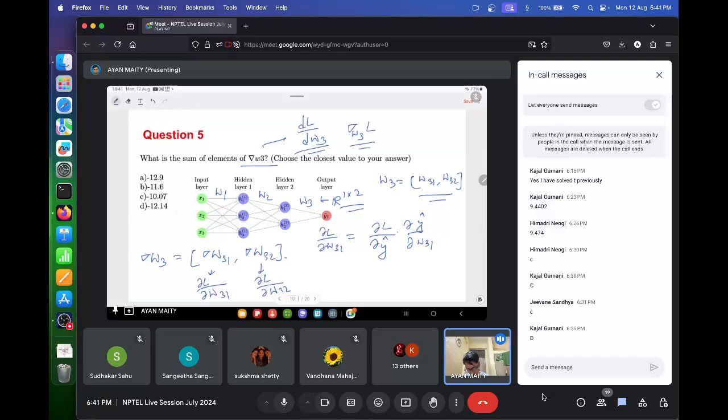Y hat is computed as W31 A21 plus W32 A22. If the activation of this is A21 and activation of this is A22, then Y hat is W31 into A21 plus W32 into A22.